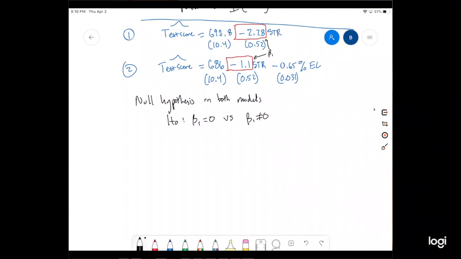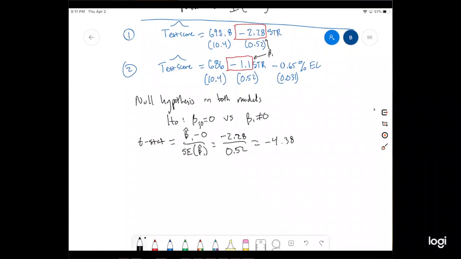The t-stat in equation 1 is equal to beta hat 1 minus 0, because that's our null hypothesis, over the standard error of beta hat 1, which is equal to negative 2.28 divided by 0.52, which gives us a t-stat of negative 4.38.